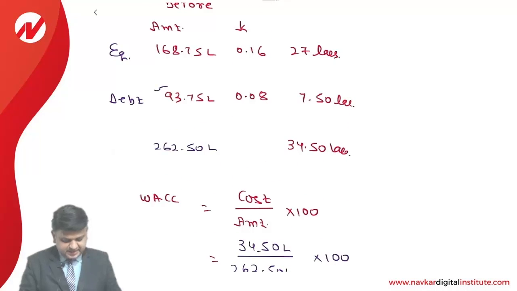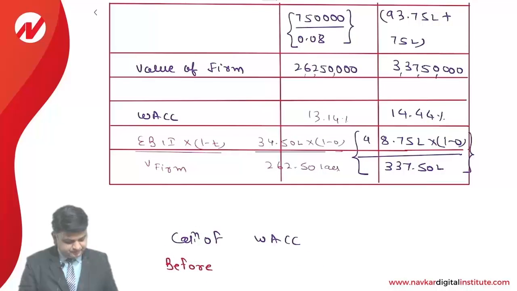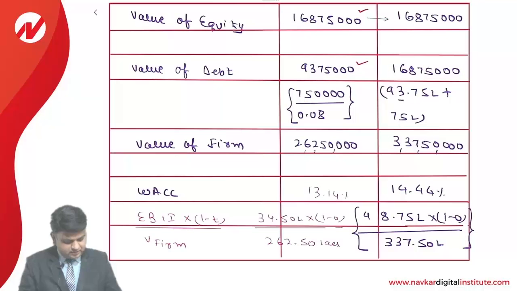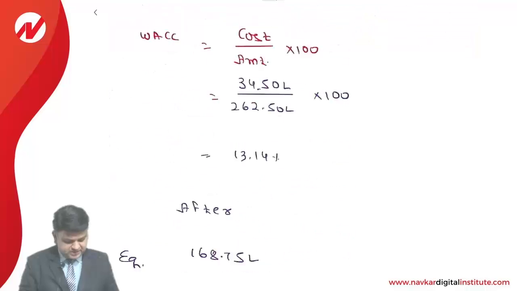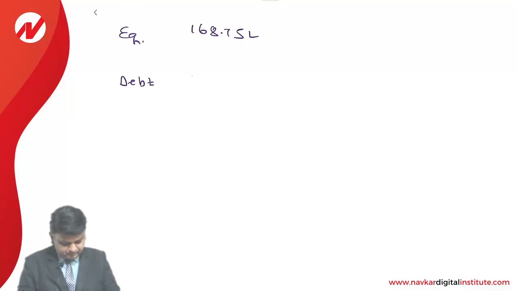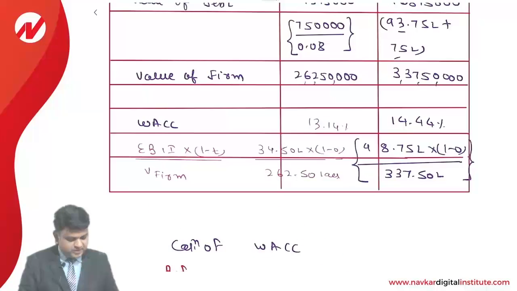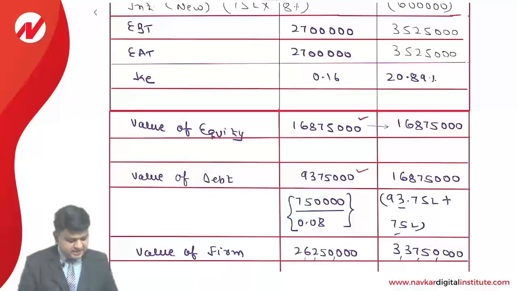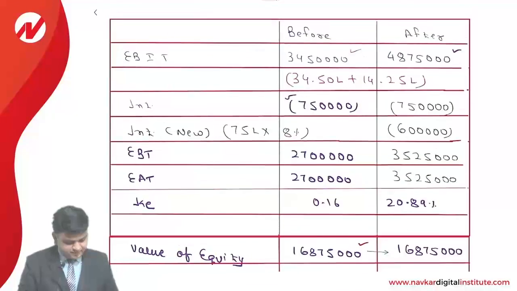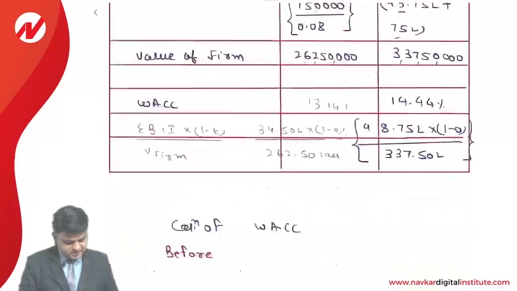Debt will be 93.75 plus 75, so 168.75. Cost of capital is 20.89%, and over there it is 8%.